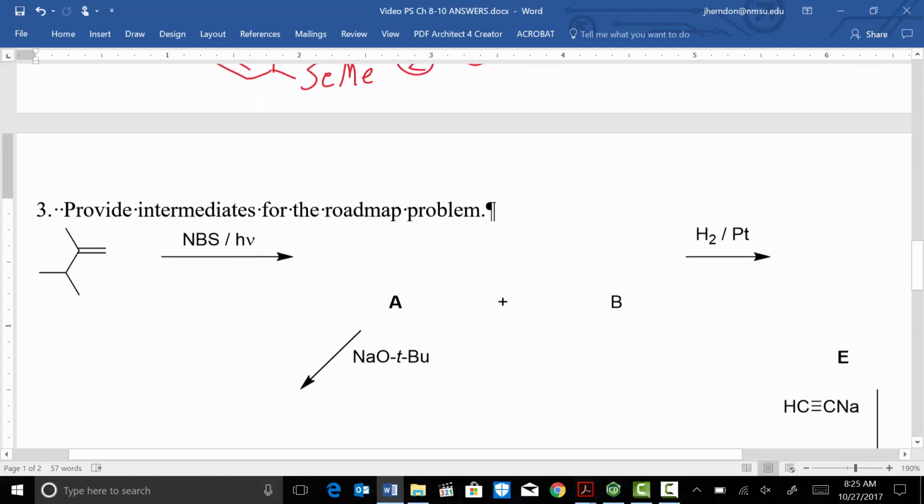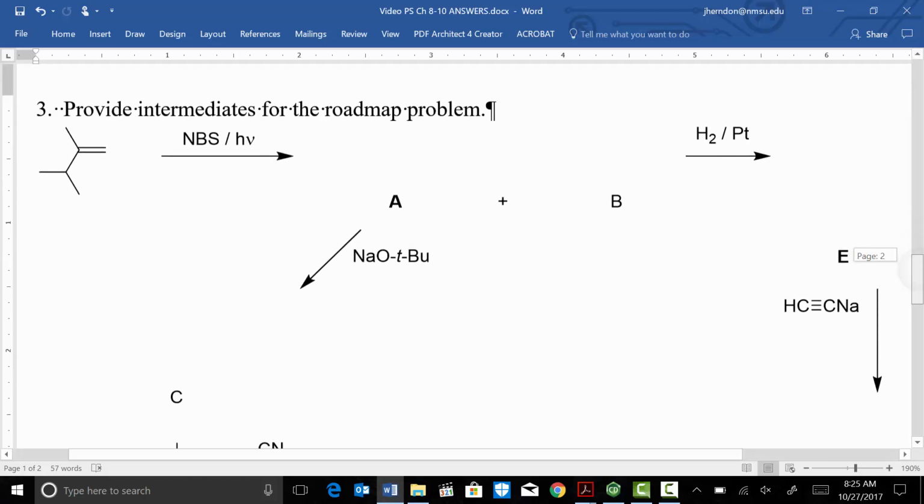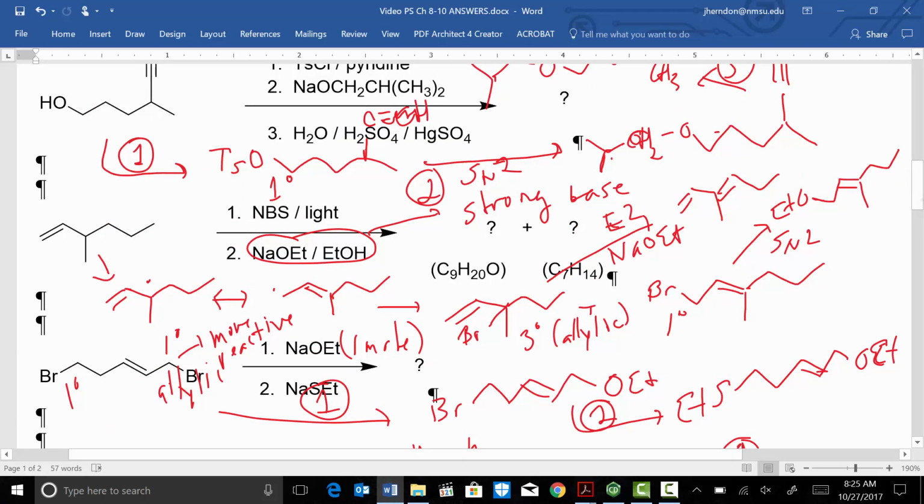Okay, so let's look at this roadmap problem here. We have an initial NBS reaction producing probably an allylic halide, and let's see what we can figure out about this, which one is which.